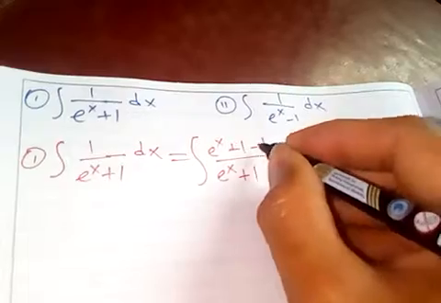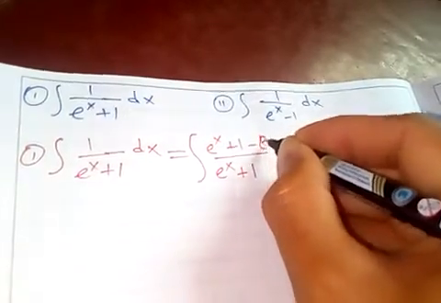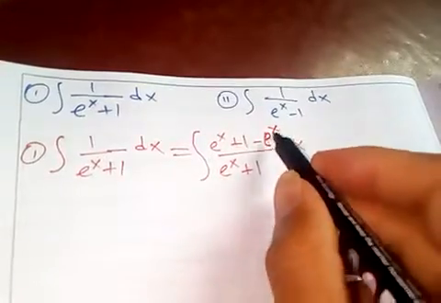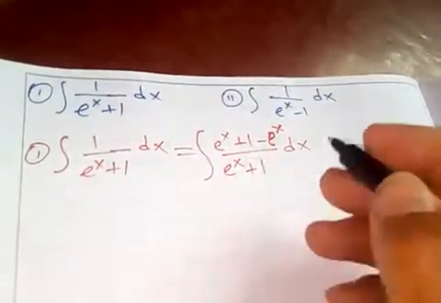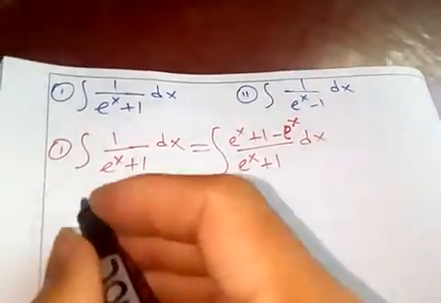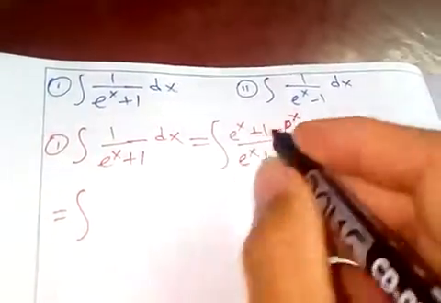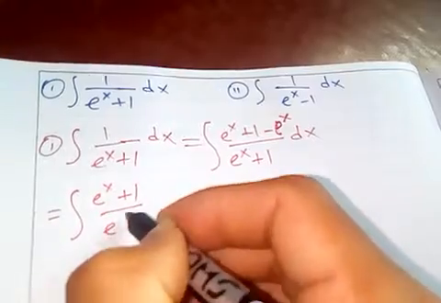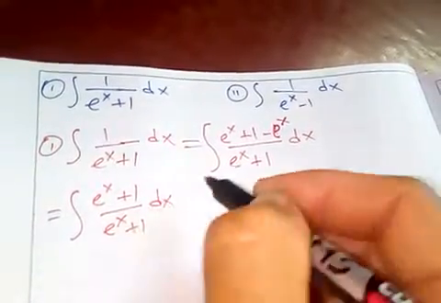Sorry, here it will be e to the x. This and this will cancel, so it will be only 1.